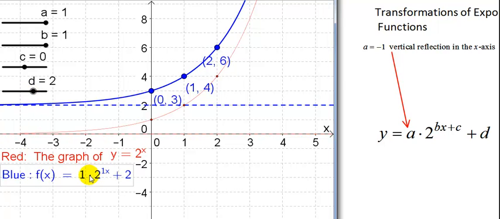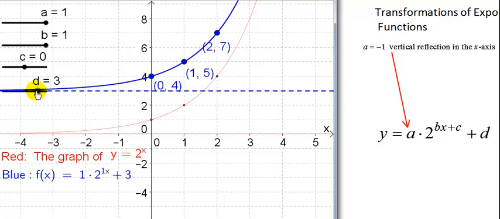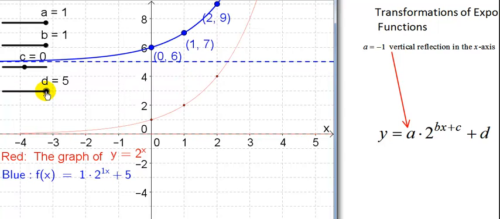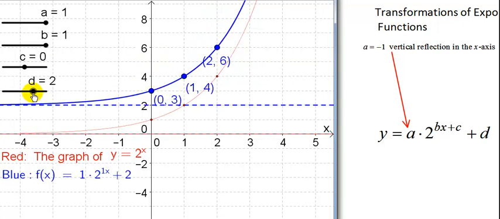So you can see I have 2 raised to the x plus 2. What happened to my graph? If you look at this point, it moved up 2 units. Did the same happen here? Yes. And here. And notice also that the asymptote, the horizontal asymptote y equals 0, shifted up 2 units. So d shifts the whole graph, including the asymptote, up if d is positive.